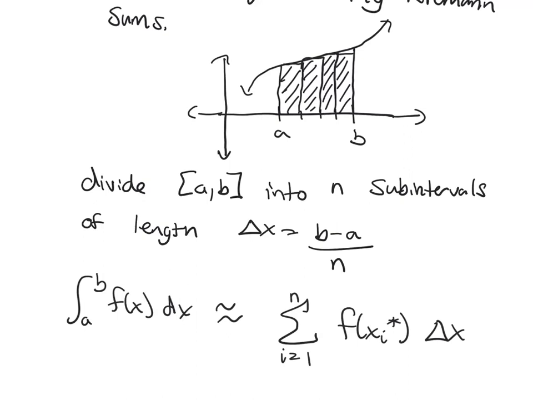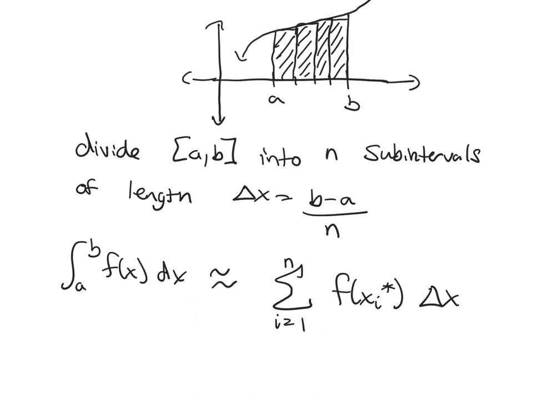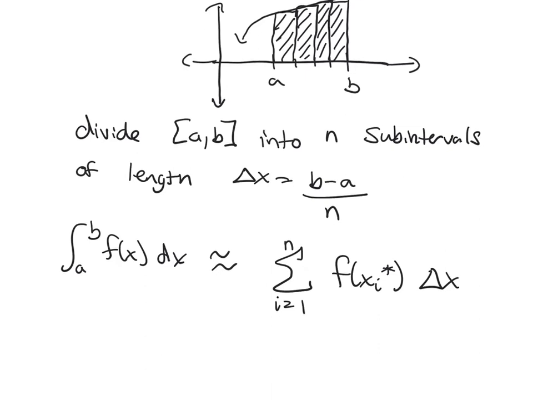So what this formula is saying is that you're adding up all of the areas of those rectangles. The width of each rectangle is delta x, and then the height of each rectangle depends on your function. And this xi star, I haven't told you what that is yet.